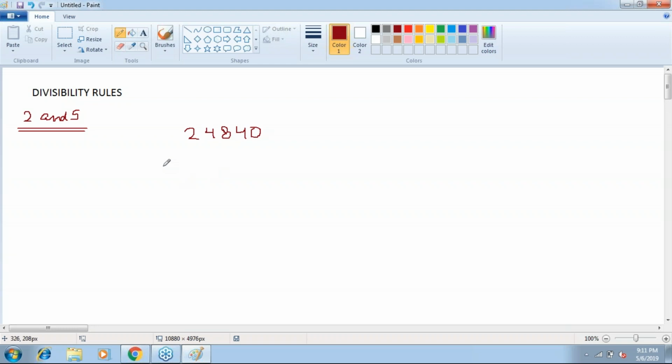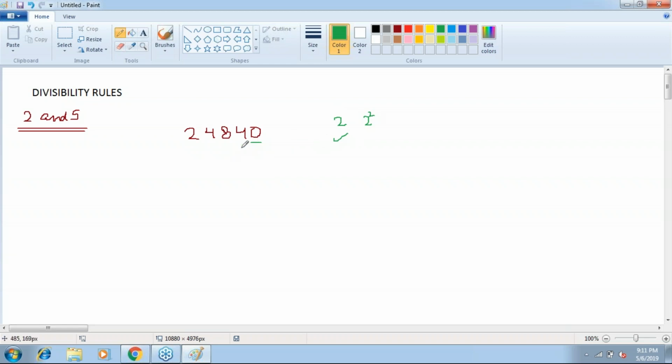Needless to ask you if this number is divisible by 2 or not. I believe everybody knows this, that you only need to see the last digit, the units digit, to be able to decide if this number is divisible by 2 or not. So 2, yes. What about 2 square? 4.